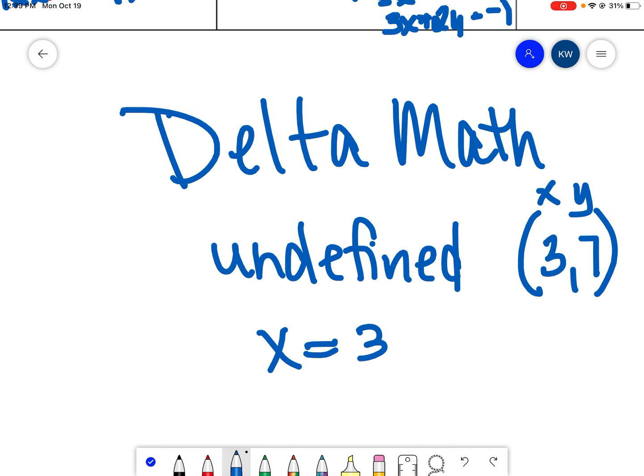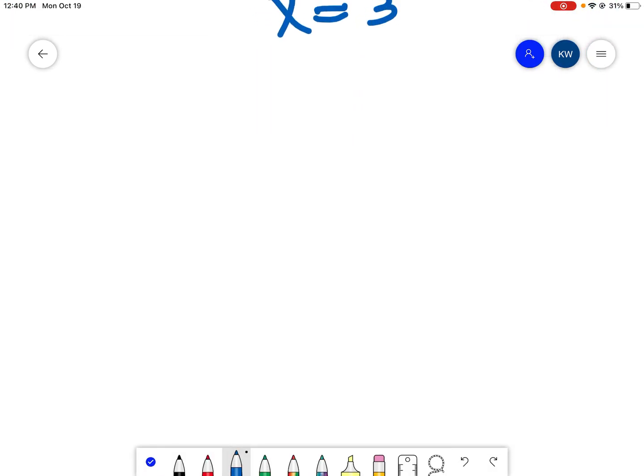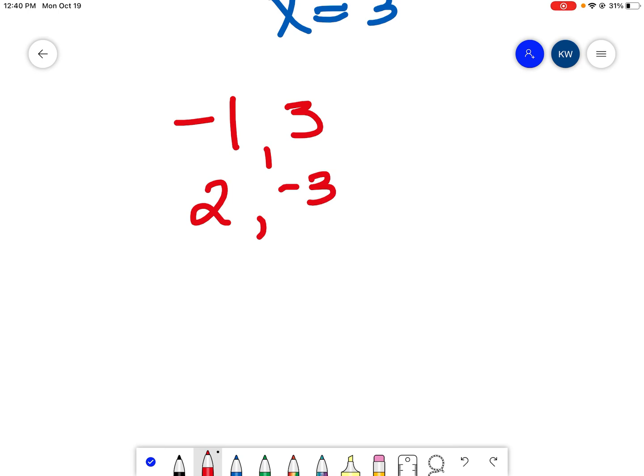This homework assignment also is going to ask you to do some slip and slide first. So I'm going to do a quick reminder on slip and slide. To find the slope given 2 points, we've got, say, -1, 3, and 2, -3. Slip and slide.